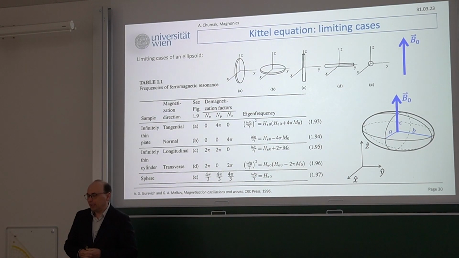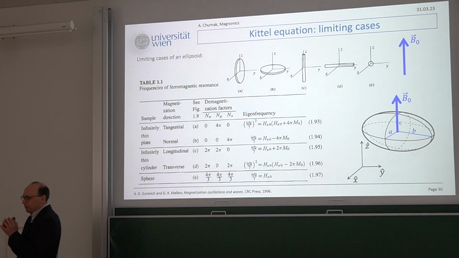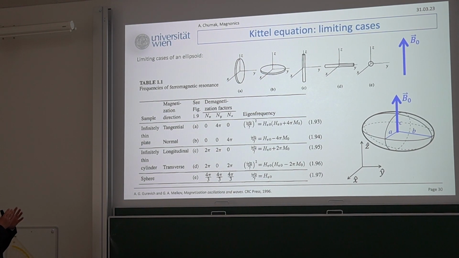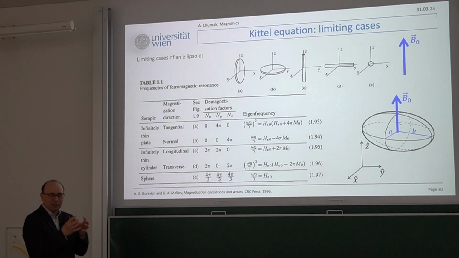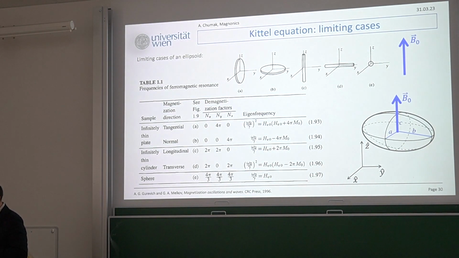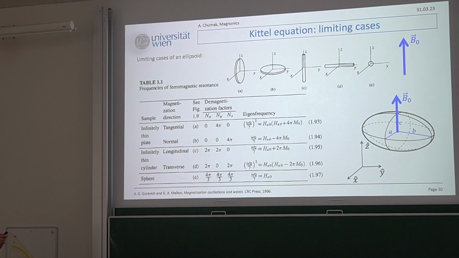Why is it important? In reality, we don't often use an ellipsoid of rotation, but it's a very nice analytical formula which allows us to come from it to real cases of thin films, a cylinder and a sphere. A sphere is easy. It is an ellipsoid of rotation by definition, just symmetric.